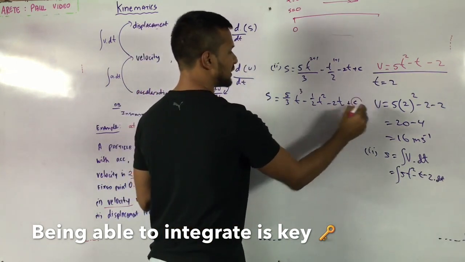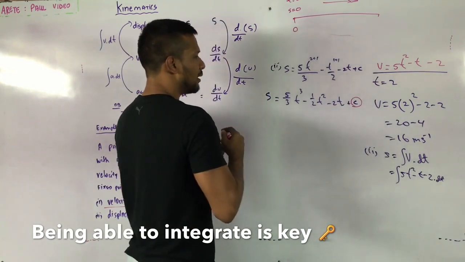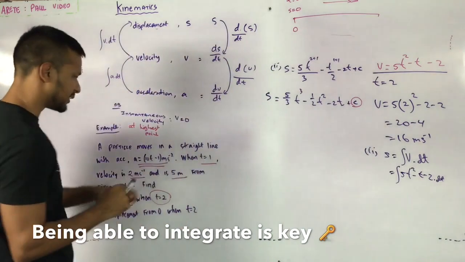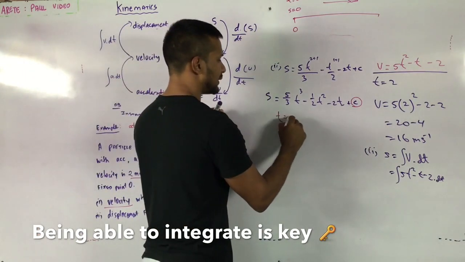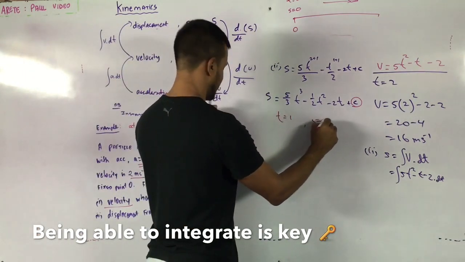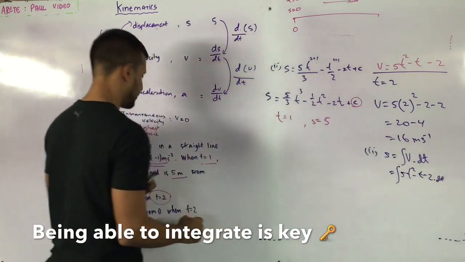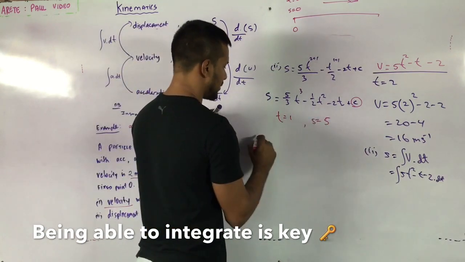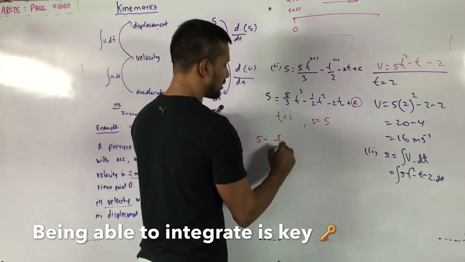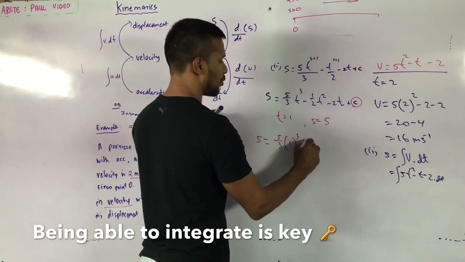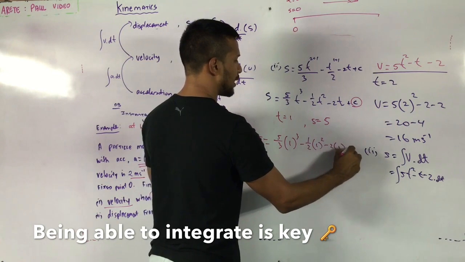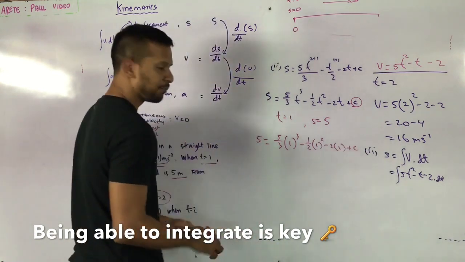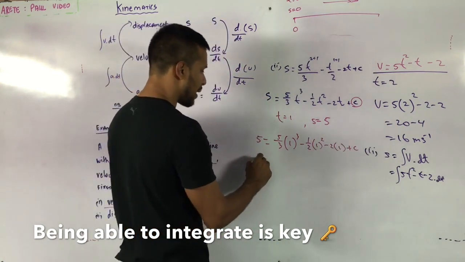Same problem again, we need to get c. How do we get c? Well, they told us, I erased it, when t is 1, s is 5. So 5 is equal to 5/3 by 1 cubed, minus a half by 1 squared, minus 2 by 1, plus c. You should have your calculators close by.